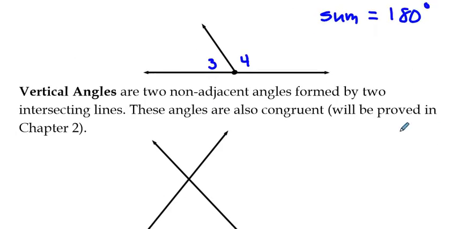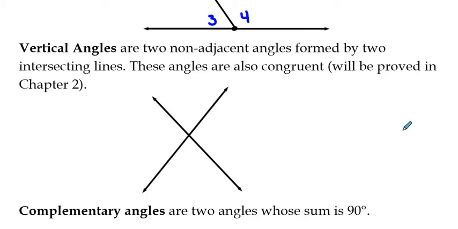Another type of special pair are vertical angles. They are two non-adjacent angles formed by two intersecting lines. These angles are also congruent. That's actually a theorem here. This statement right here about vertical angles, that's a theorem, and we're going to prove it in chapter 2.